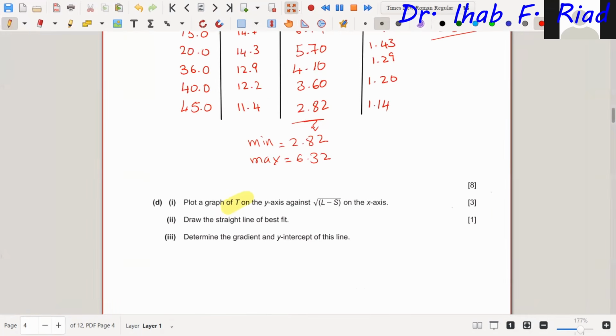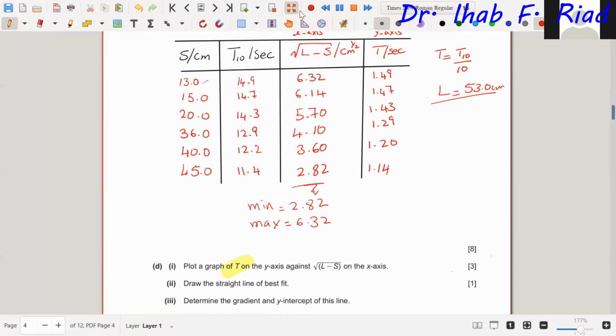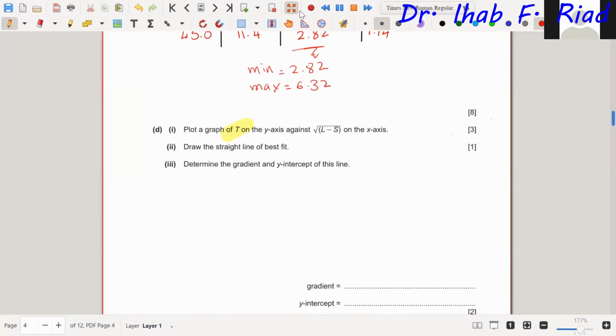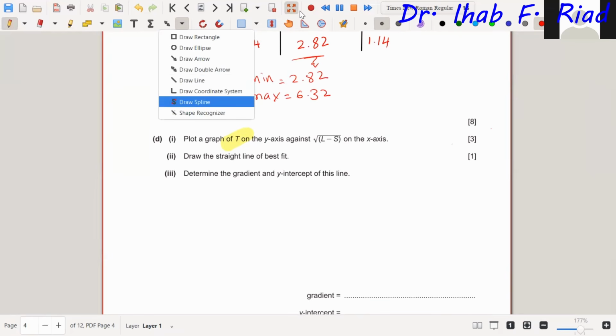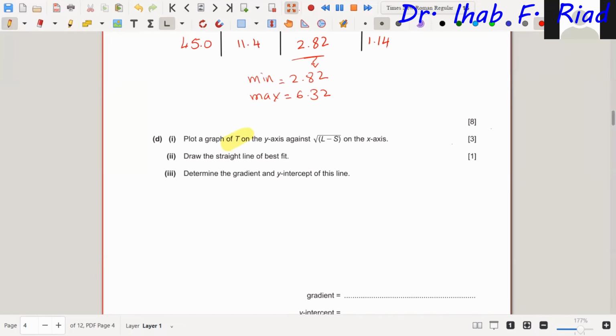So what is the minimum? 2.82. What is the maximum? 6.32. Okay. Let us take our time today for the graph plot. So what we have is something like this.